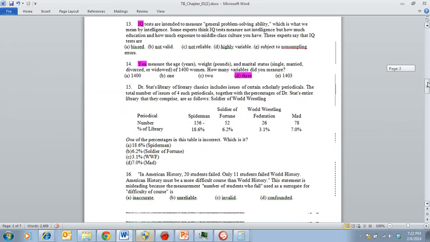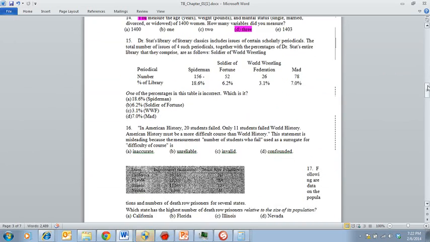Okay, so question 15. Dr. Stat's library of literary classics includes issues of certain scholarly periodicals. The total number of issues of 4 such periodicals, Spider-Man, Soldier of Fortune, World Wrestling Federation, and Mad, together with the percentages of Dr. Stat's entire library that they comprise, are as follows.